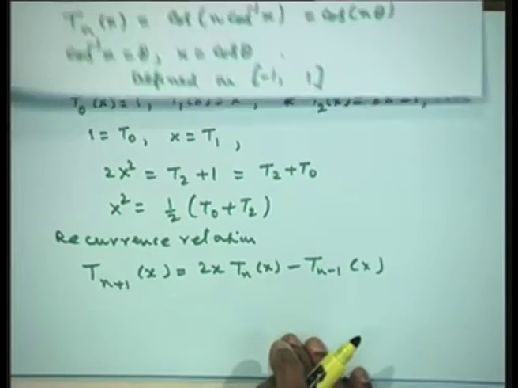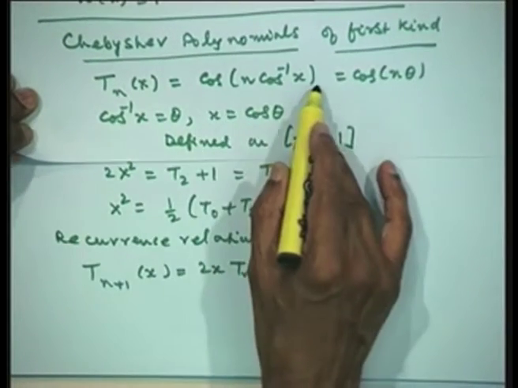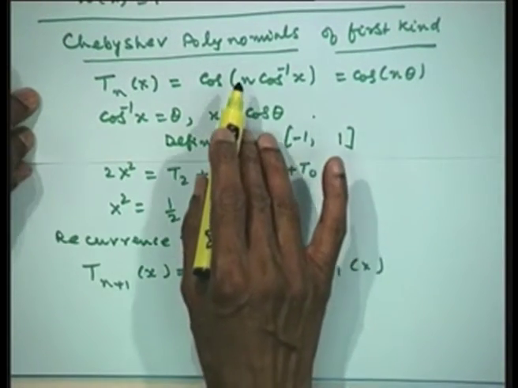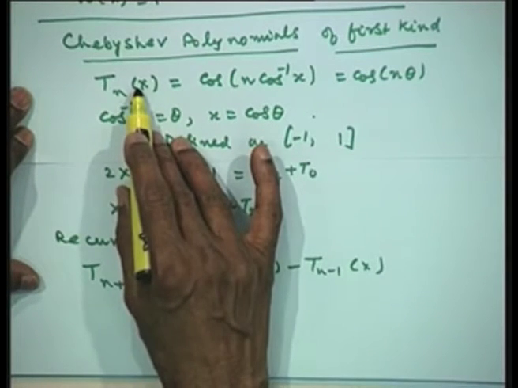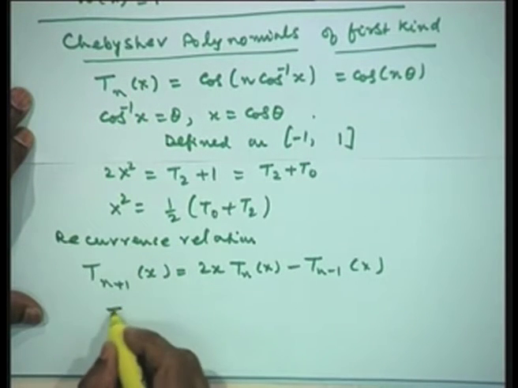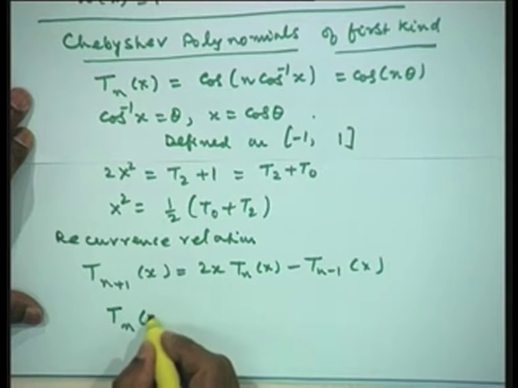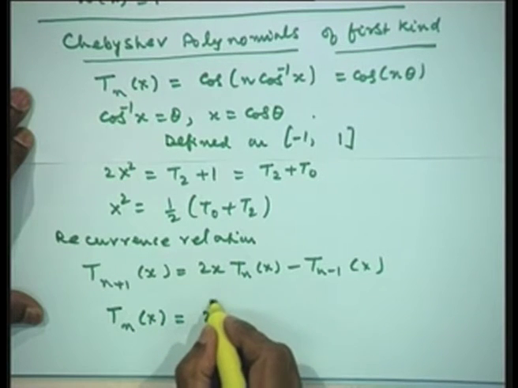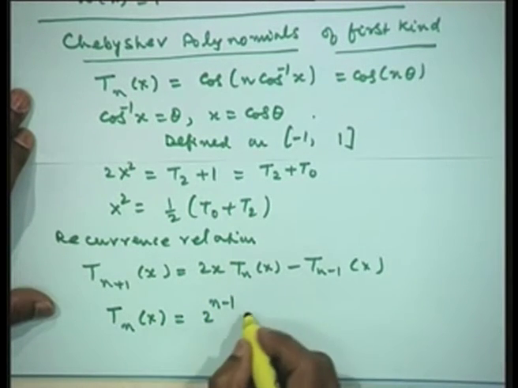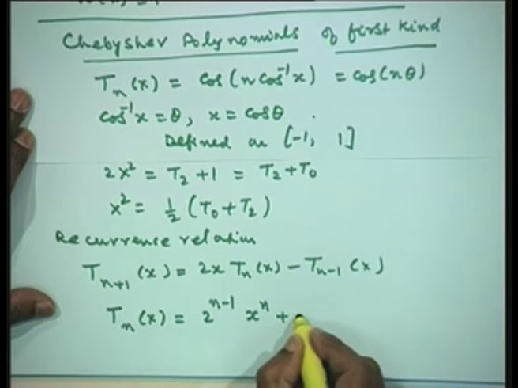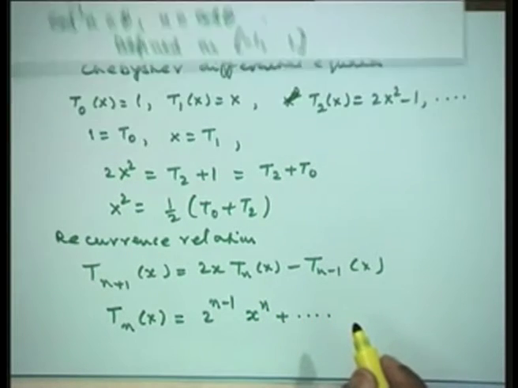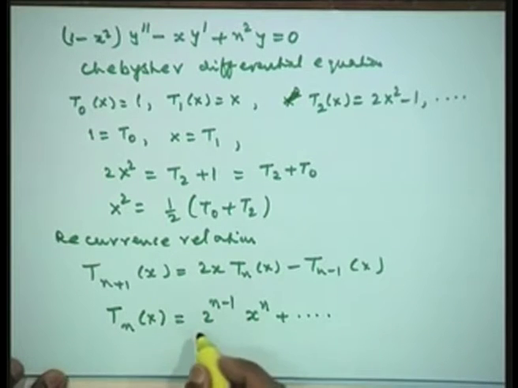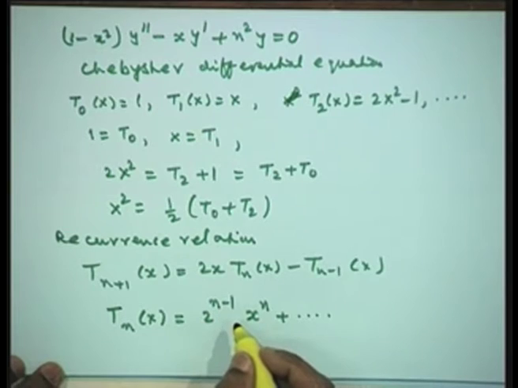Now, I can expand this cos n cos inverse x to determine the leading coefficient in T n x, because that is something very important and useful for us. I can show that T n x is equal to 2 to the power of n minus 1 times x to the power of n plus lower degree terms. So, the leading coefficient of T n x is 2 to the power of n minus 1.